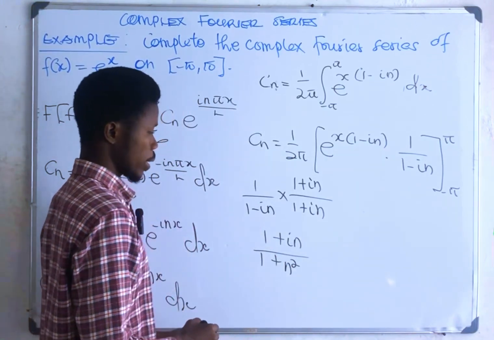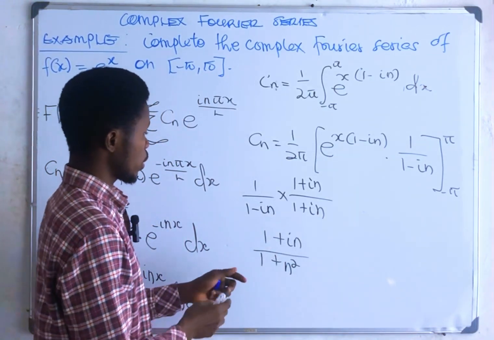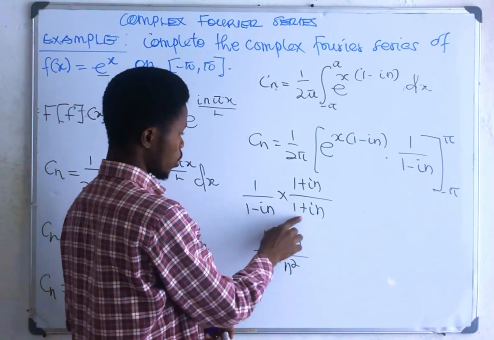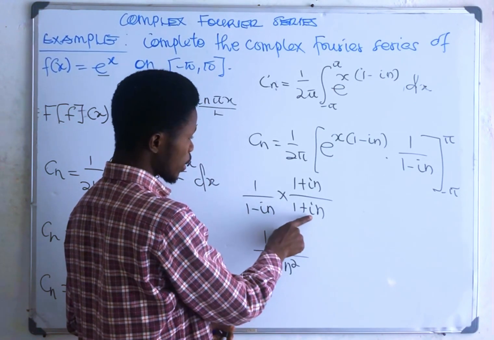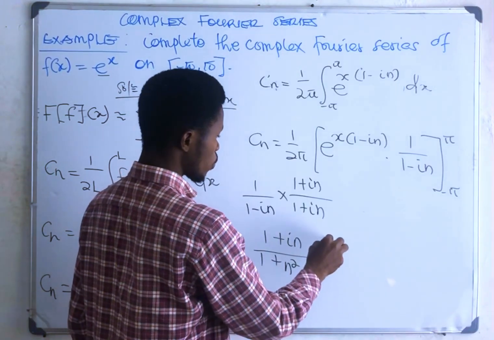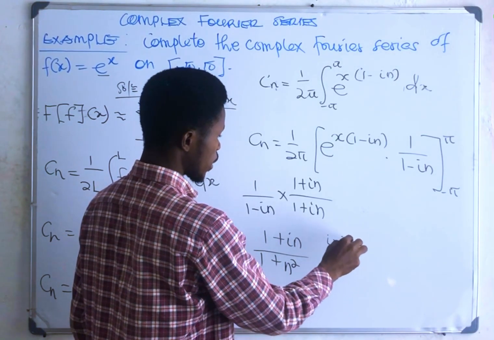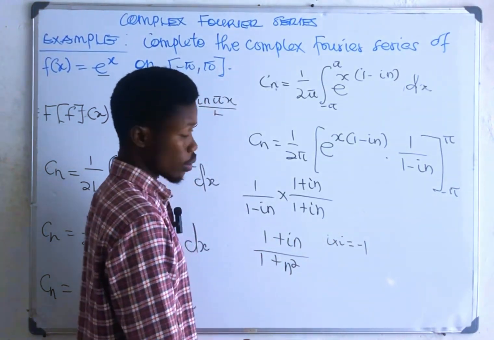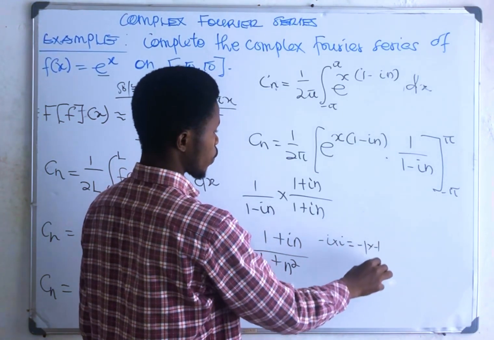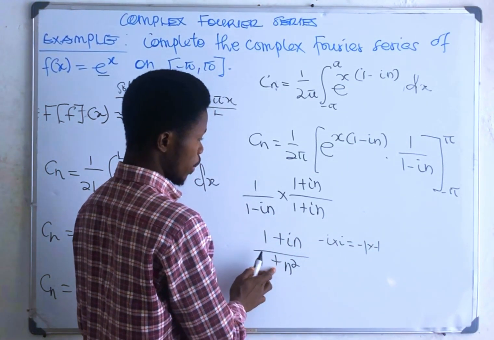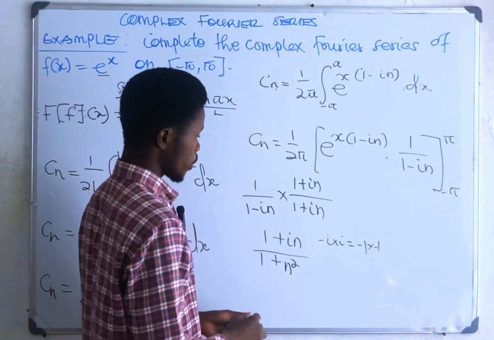Sorry, here the 2 will be plus. Is that okay? This is the difference of 2 squares. So 1 times 1 is 1. Then negative i times negative i, when you multiply i by i, it produces negative 1. Because 1 is already negative, that negative will affect this. That makes it positive here. n times n is n squared.